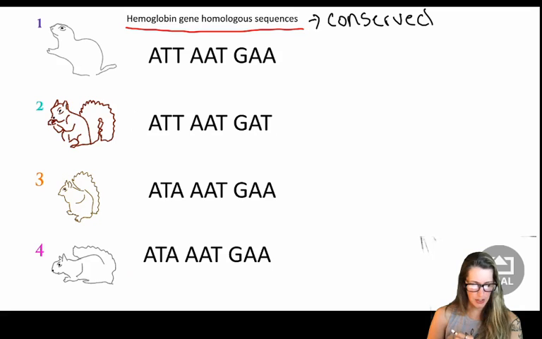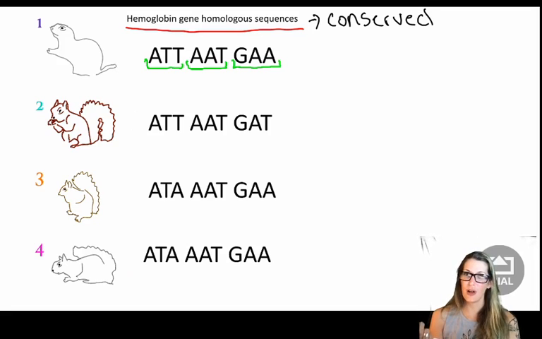But I'm just going to draw your attention here to, in this first codon, so if you remember from genetics, our bases are going to be in groups of 3 codons, and those codons each encode their own amino acid.